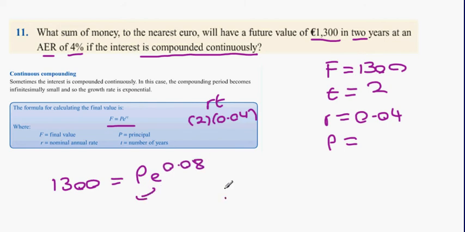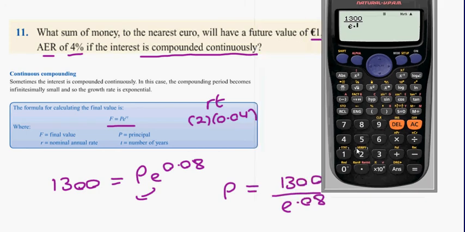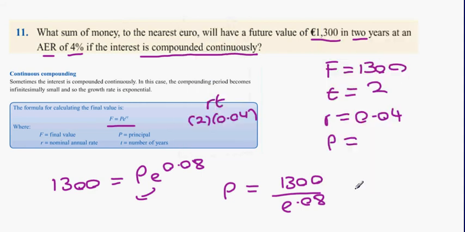Now we can divide, so P equals 1,300 divided by e to the power of 0.08. What we get here is 1,200. So 1,200 euros is the answer.